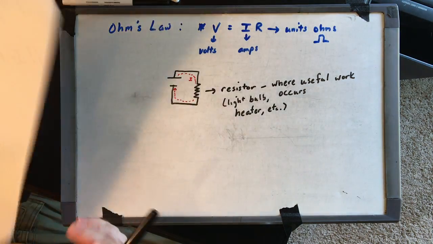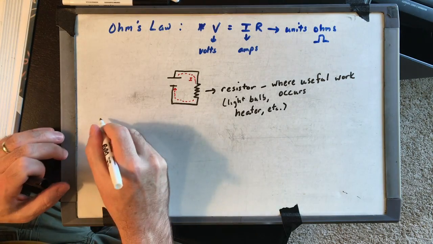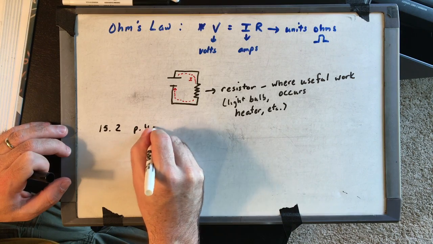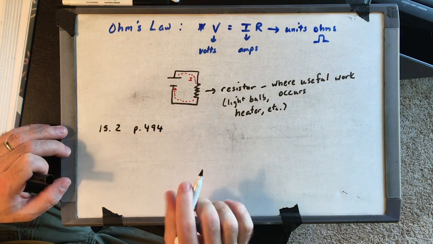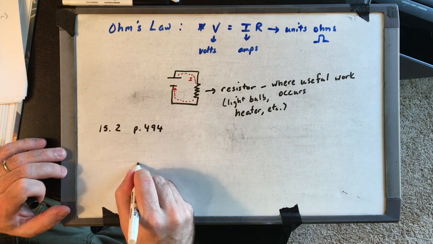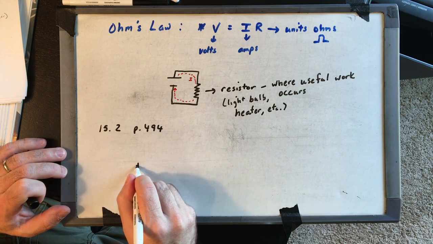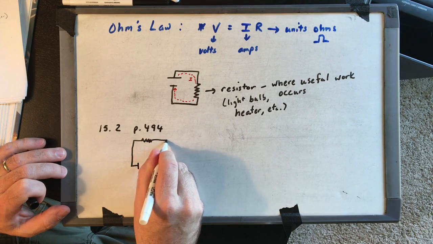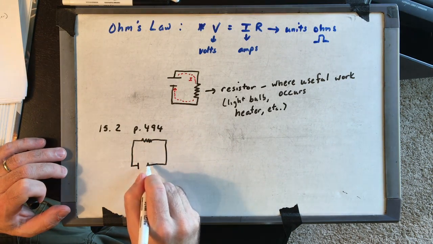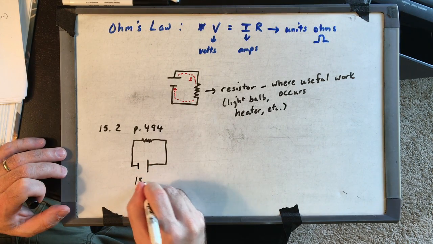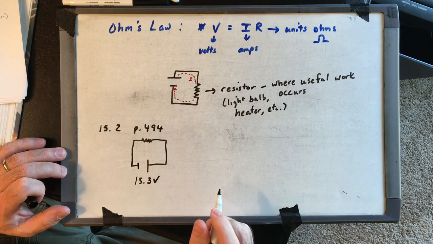So let's look at On Your Own 15.2. Flip over to page 494. Okay, and that says, I'm going to draw that circuit real quick here. Got a battery at the bottom, resistor at the top. Positive side of the battery is on the right, 15.3 volts.